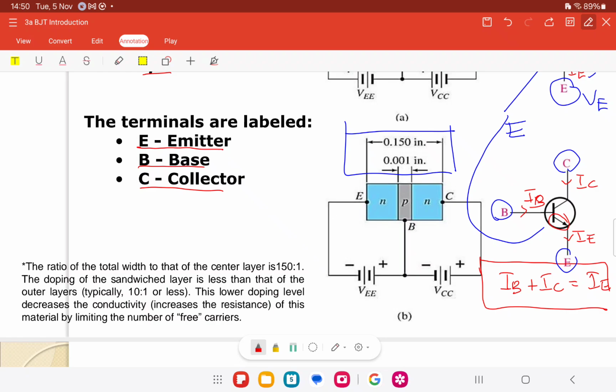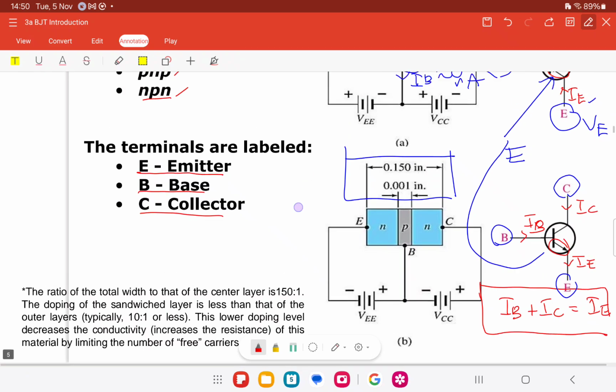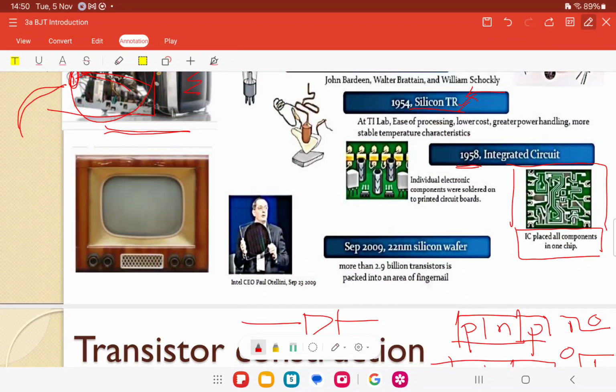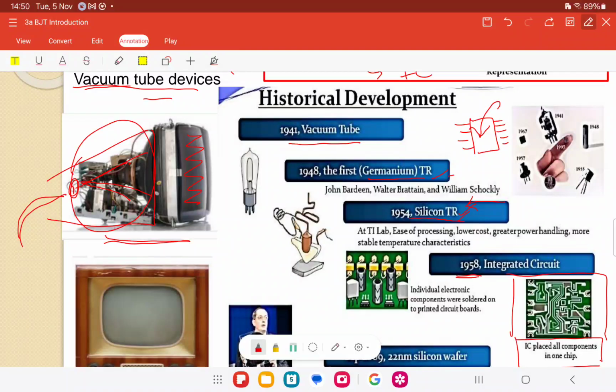Okay, for this transistor also, yang tadi kita tengok dalam TV tu, these vacuum tubes, it is bulky, fragile and consume a lot of power. Kalau yang TV besar tu, dia cepat panas sebabnya power consumption is very high.